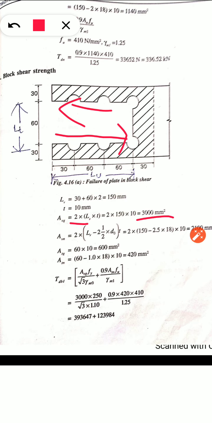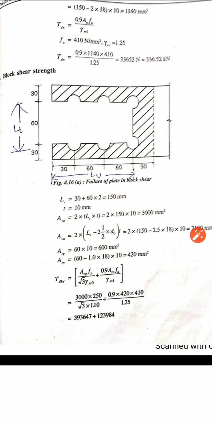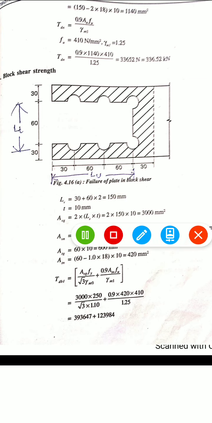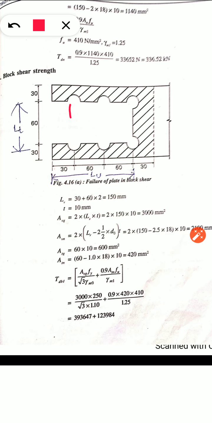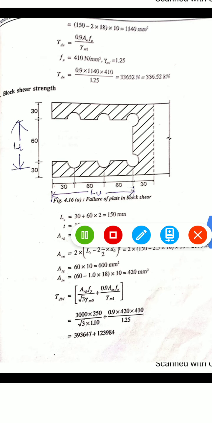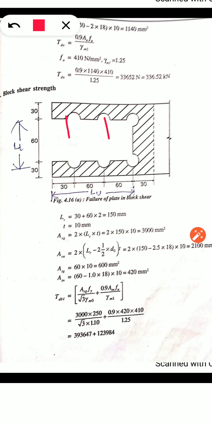If you want the net area, we have to deduct the bolt holes. So if I take the area of this portion, here I have to deduct, here one bolt gets cut, here one more bolt gets cut. Always remember, at the edges half a bolt gets cut. So this is one bolt, this is one bolt, and this is half a bolt cut. So it is 1 plus 1 plus half, that is 2.5.